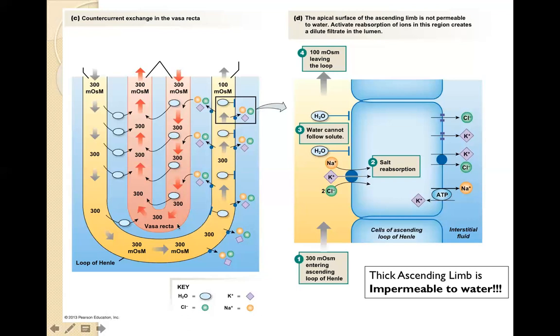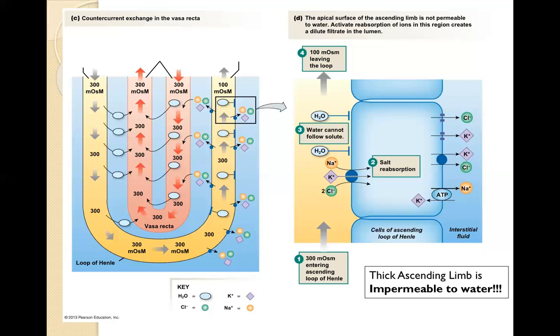The first thing that's going to happen is that you have this filtrate that is starting to enter the thick ascending limb of the loop of Henle. When it enters the thick ascending limb of the loop of Henle, there is a transporter on these cells of the thick ascending limb that can reabsorb salt. And it can only reabsorb solutes. That's all it can do.